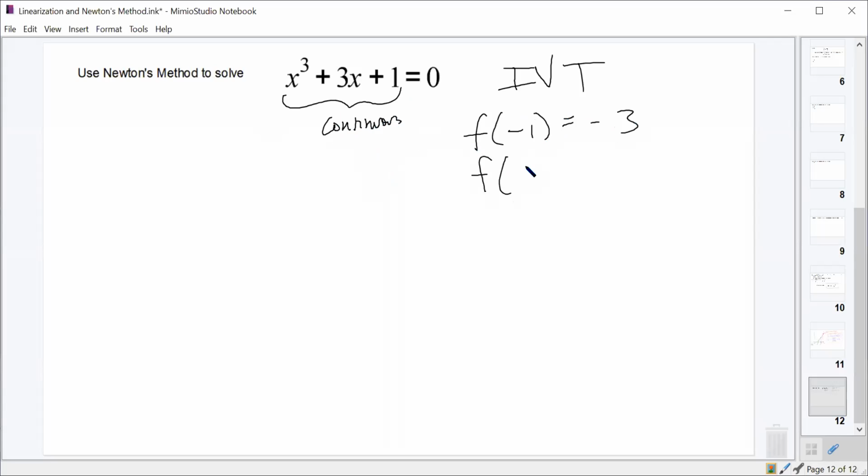And if we can find an x value where it's positive, like at 0, we know that since it goes from negative to positive and the function is continuous, the intermediate value theorem says there must be a solution to this equation on the interval from -1 to 0. Everybody remember the intermediate value theorem now? Yep. Oh, good. All right. So anybody have a first guess that they want to try between -1 and 0?